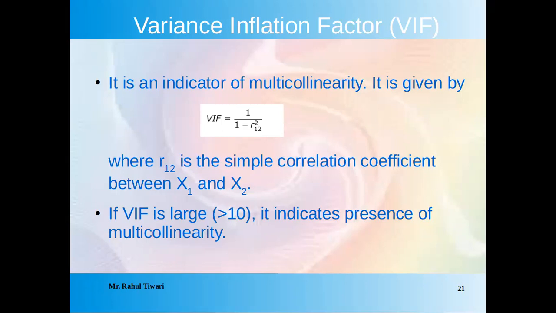This VIF gives the proper method, which clearly says that if my VIF is coming more than 10, then there exists multicollinearity.